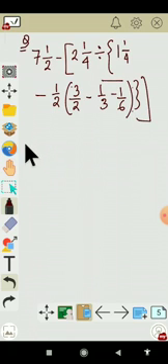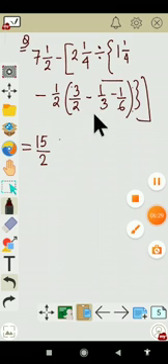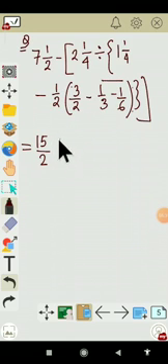Here we will write all the mixed fractions as improper fractions.